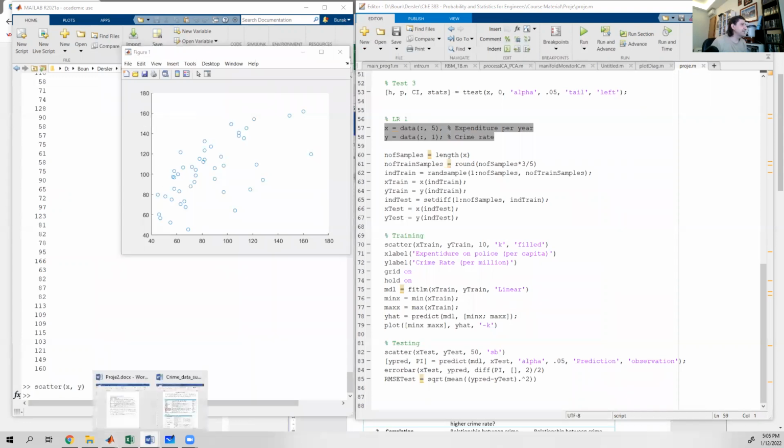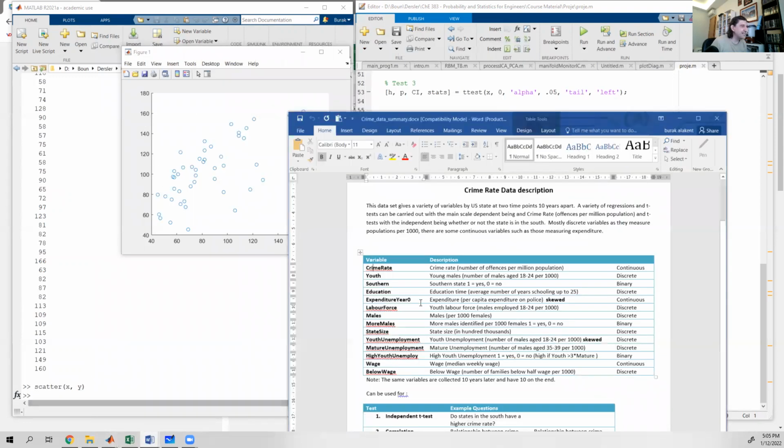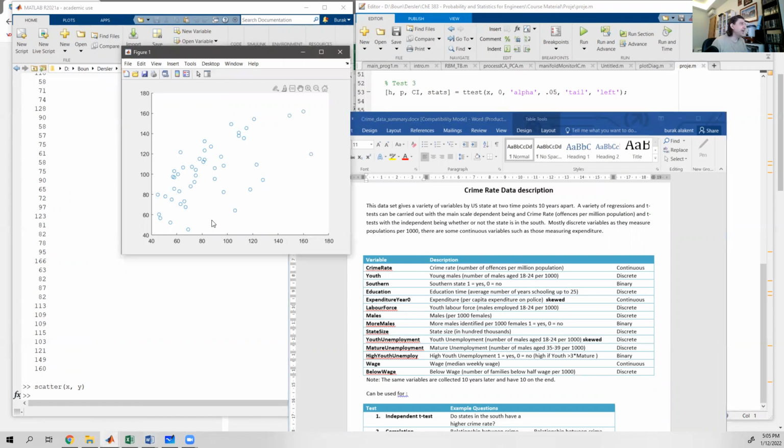And okay, let's not say whatever, but let's see what it is exactly. Expenditure per capita. I don't know the exact unit. Anyway, so as expenditure on police increases, then crime rate increases.